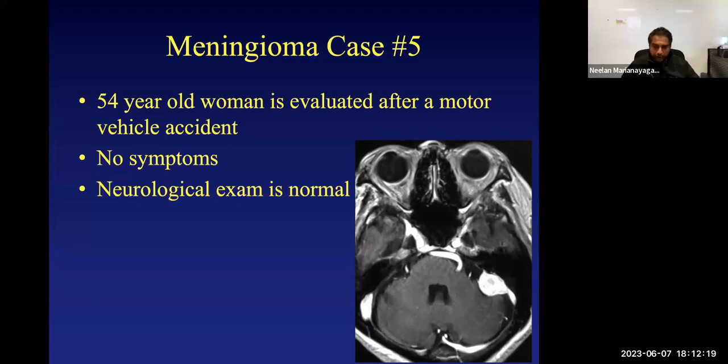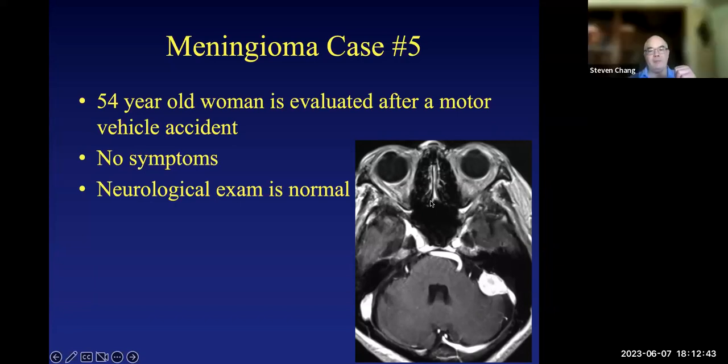So it looks like she's got an extra-axial tumor. This is an axial cut with contrast, giving us a view of the cerebellum, and she's got an extra-axial tumor on the left, just abutting the left cerebellum. We call this a CP angle tumor, and it's likely a CP angle meningioma. Okay. And how long do you think this has been there?